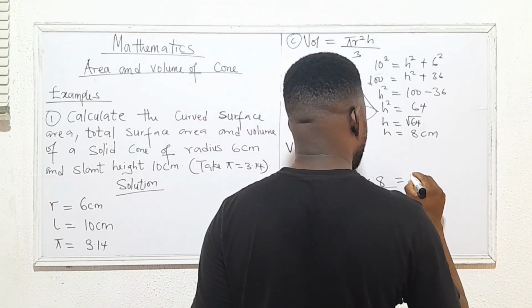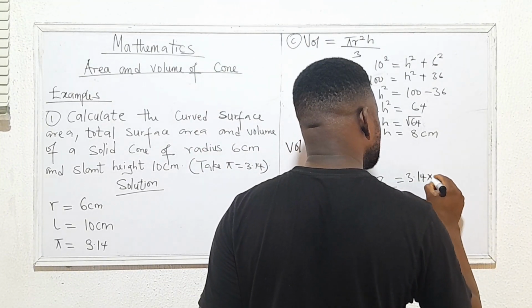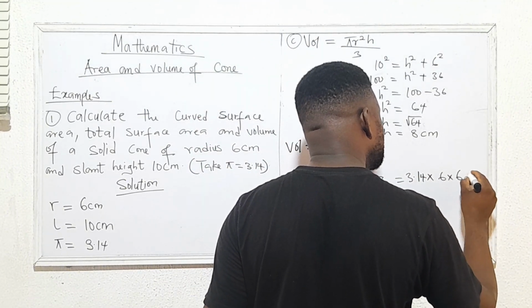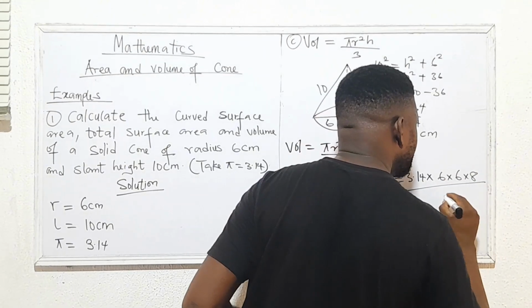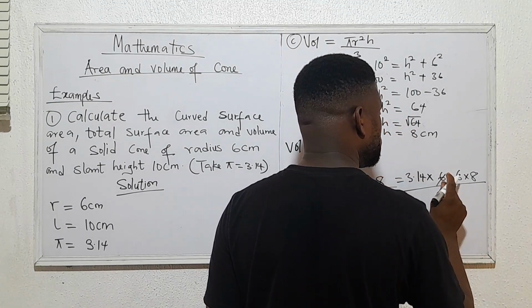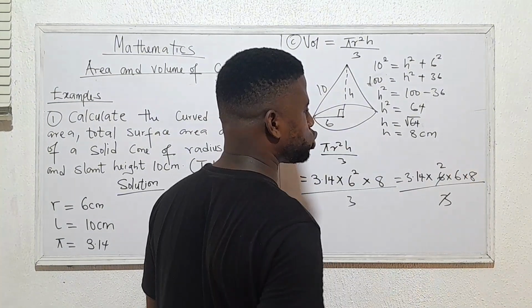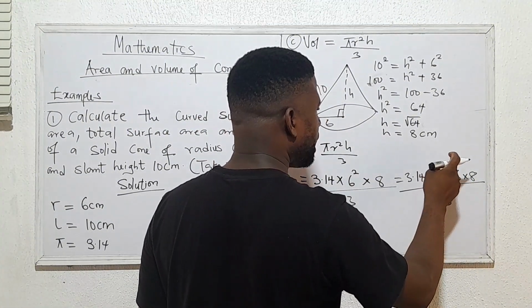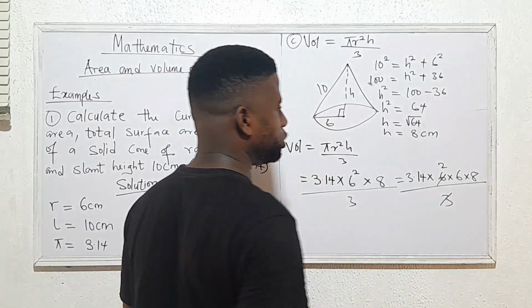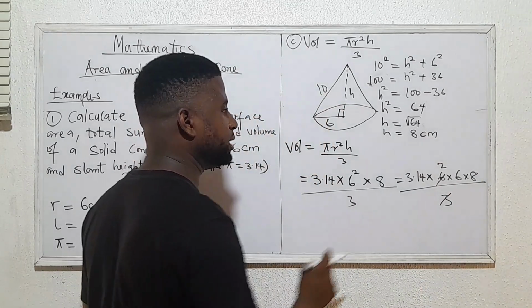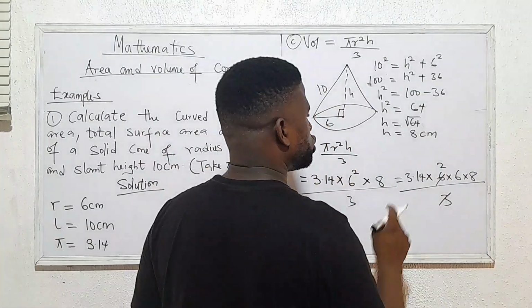So we can have it as 3.14 times 6 times 6 times 8 divided by 3. 3 can go through 6 2 times, right? So that we have 2 times 6, 12, right? And 12 times 8 should give us 96, right? Yes, 12 times 8, 96.